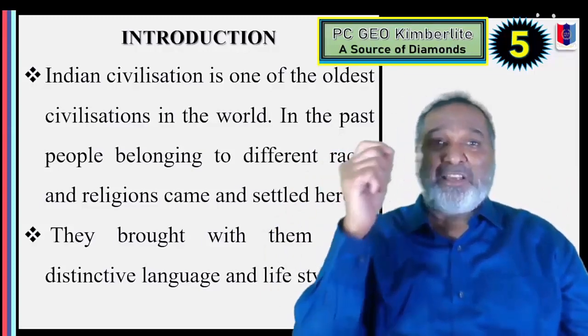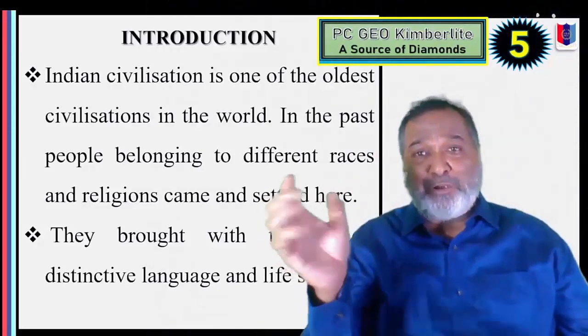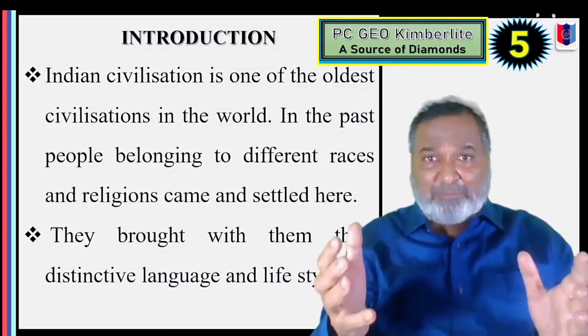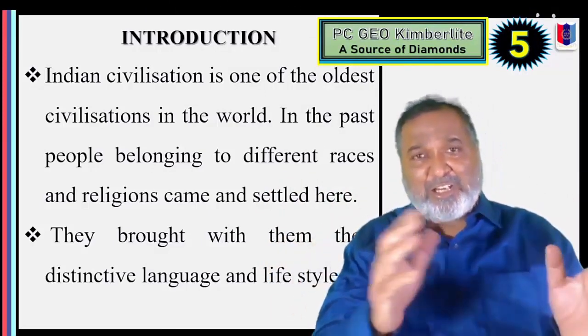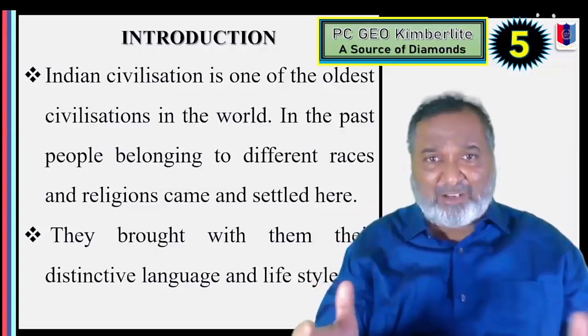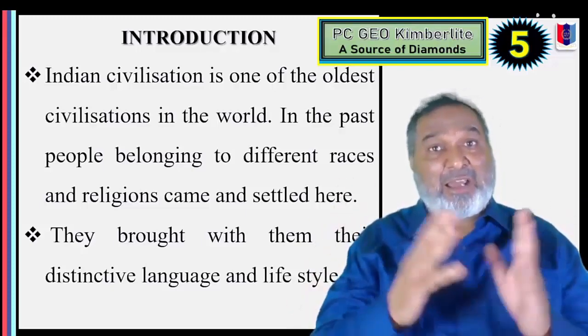Indian civilization is the oldest civilization in the world. In the past, people belonging to different races and religions came and settled down. That we have seen in the first part of national integration: what races are there, how they came and how they settled. They brought with them their distinctive language and lifestyle.